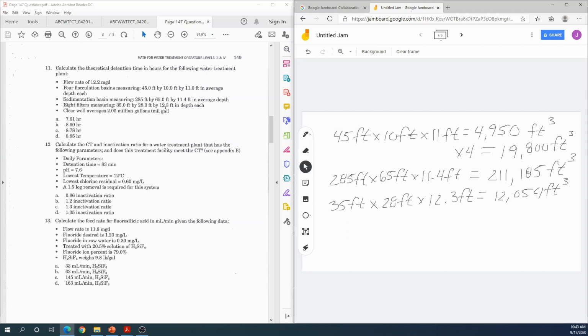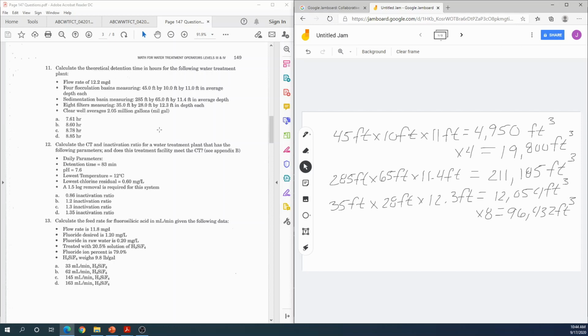But we're going to have 8 of those, so let's multiply that by 8. That gets us 96,432 feet cubed.